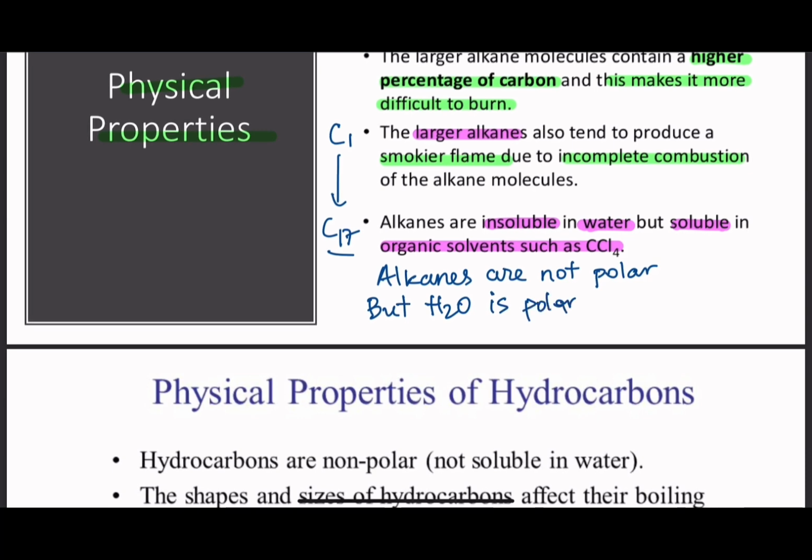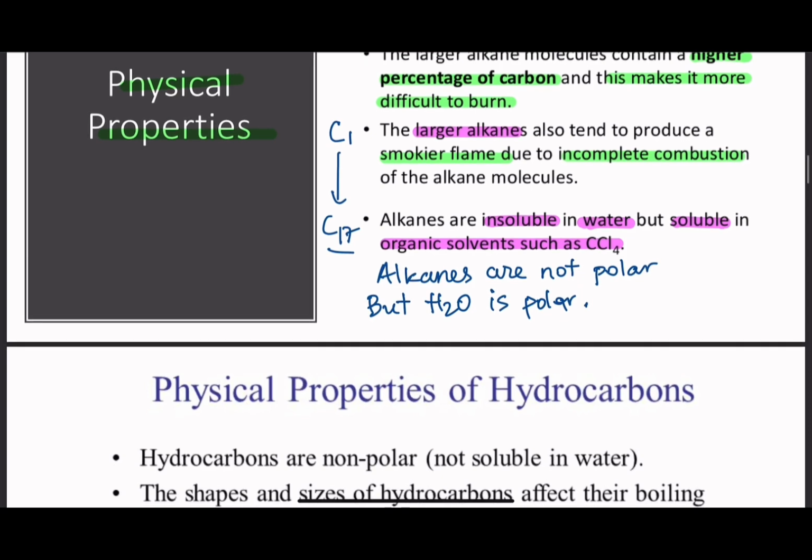If they were both polar, they would dissolve in each other, like alkanes would be soluble in water. But because water is polar and alkanes are not polar, they only dissolve inside organic solvents. And organic solvents are non-polar. So organic solvents are non-polar, and that's why alkanes dissolve in them.